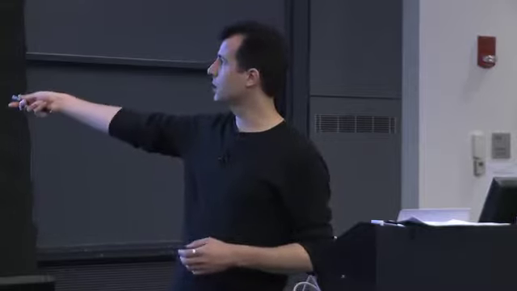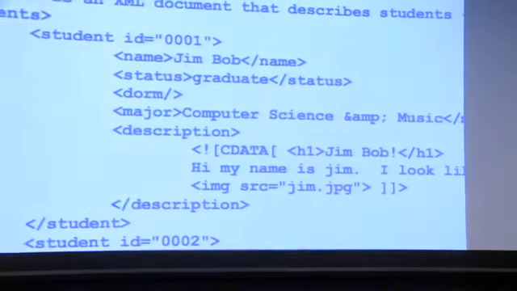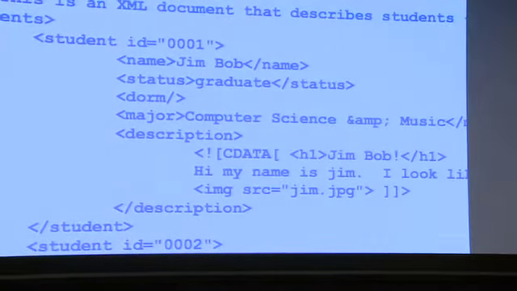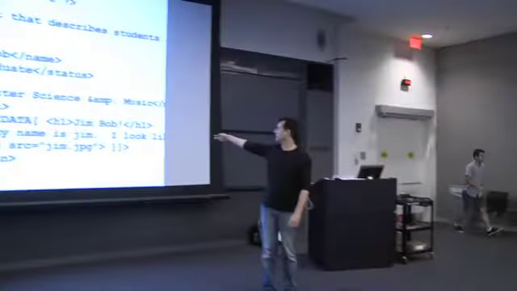Similarly, if we wanted to put a less than character as part of my major for whatever weird, crazy reason, I would need to do ampersand LT semicolon. So in short, in XML documents, if you have raw ampersands in your document, you must escape them in this way here.